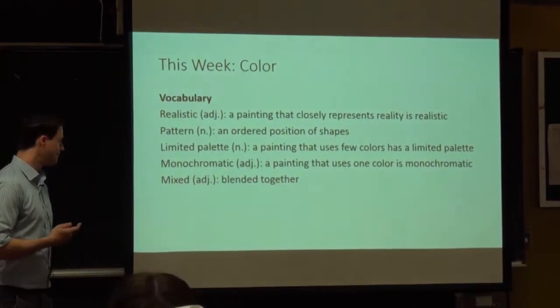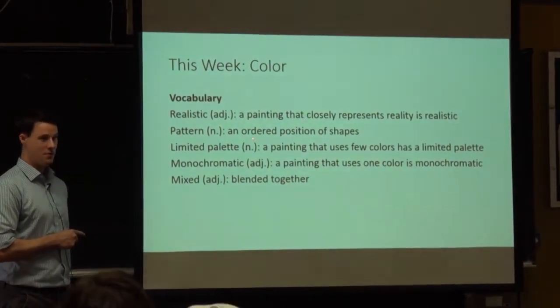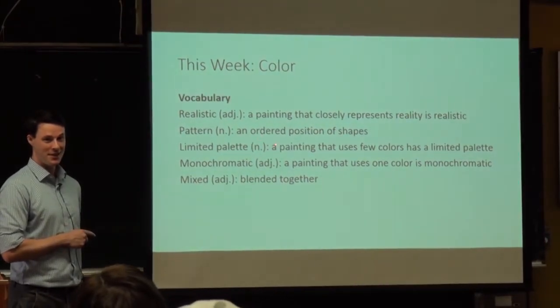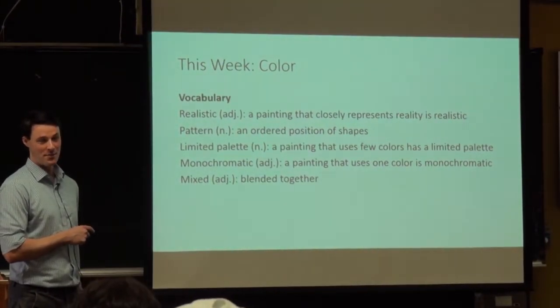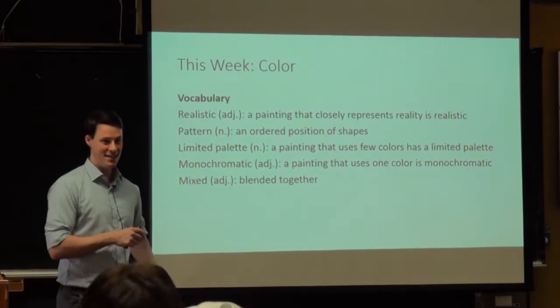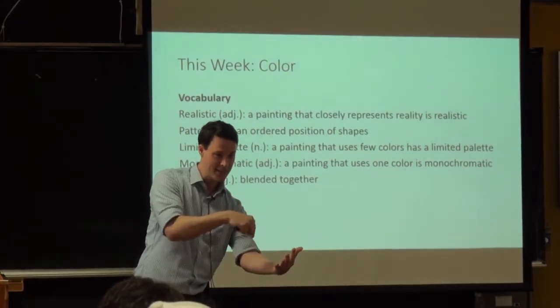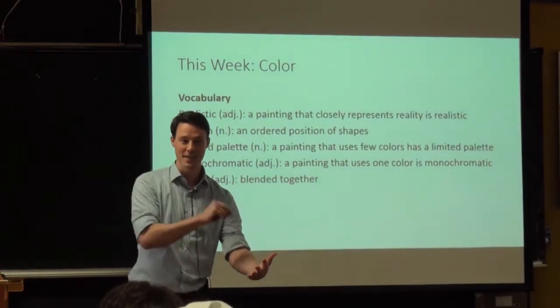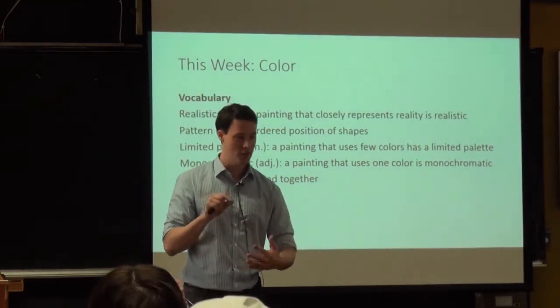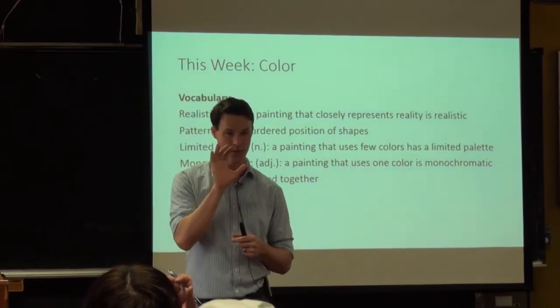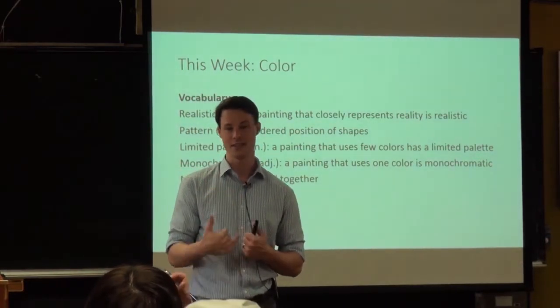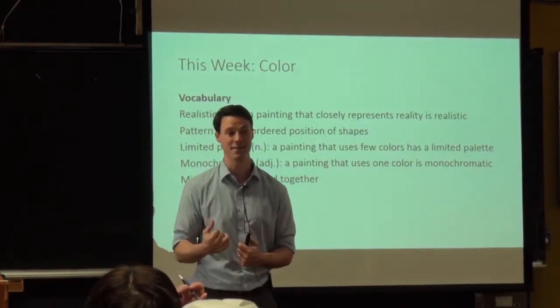Limited palette. You remember this word from the beginning of the semester, I think from the very first chapter. Palette is that wooden board that you put the paint on as you're painting, but it also can refer to the colors that an artist uses on the canvas.